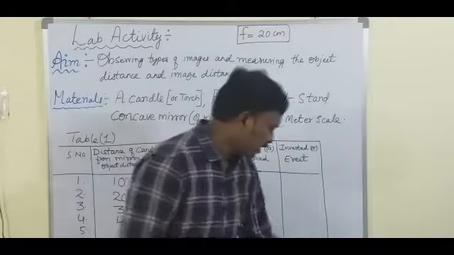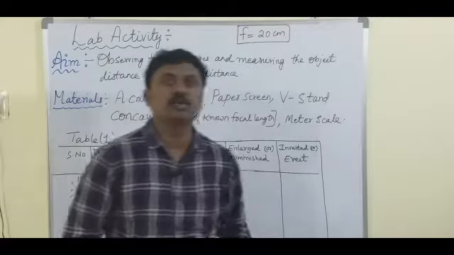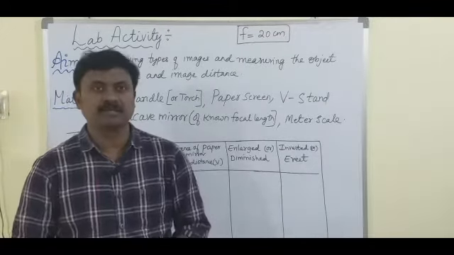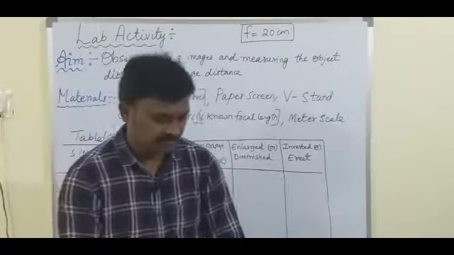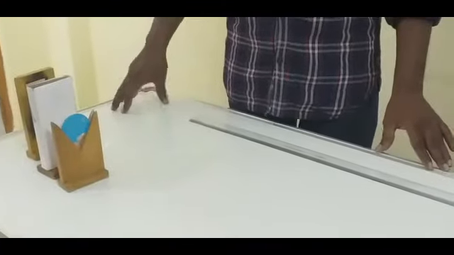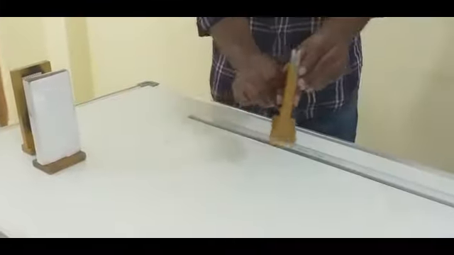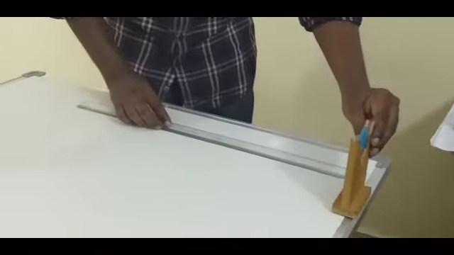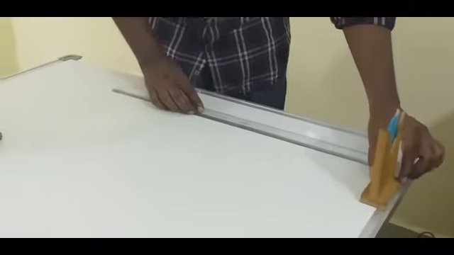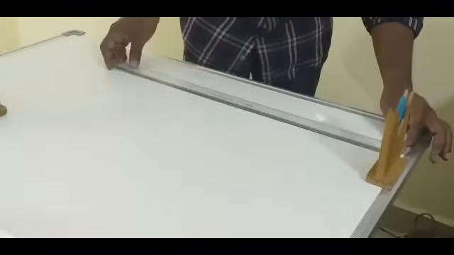And I want you to just look at the experimental setup here. Okay children, so let me keep the mirror at one end. I am keeping the mirror here at one end, and I am taking a scale, and I am going to measure children from the mirror.